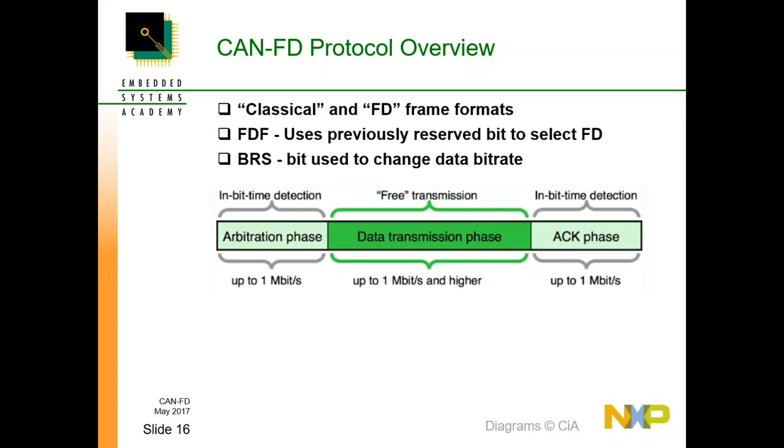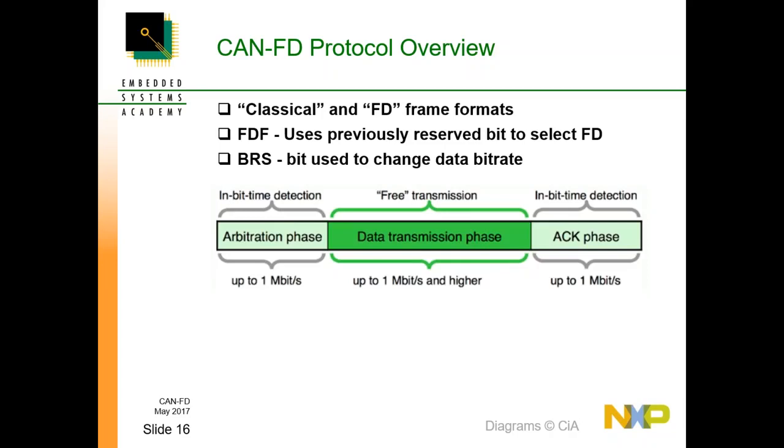When bitrate switching is enabled, the start of the frame containing the message identifier is transmitted at a lower speed called the nominal bitrate. This is the same speed that classical frames are transmitted at. When transmission of the first data byte is about to begin, the bit rate is automatically increased to the higher data bit rate. The checksum is also transmitted at the higher speed.